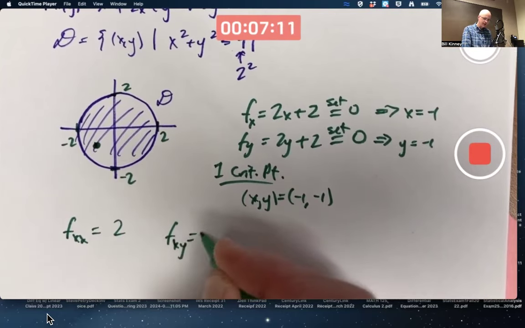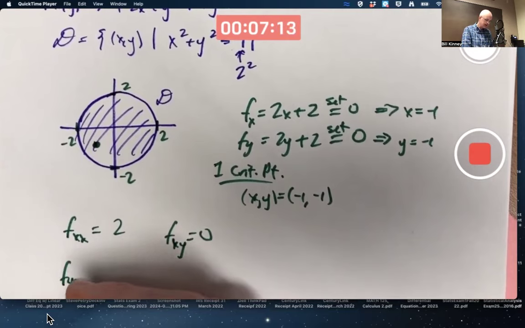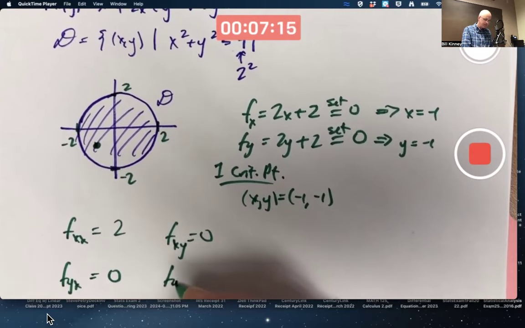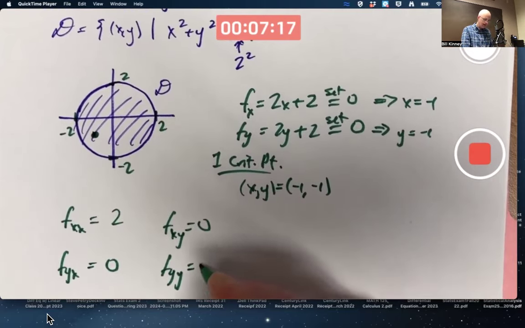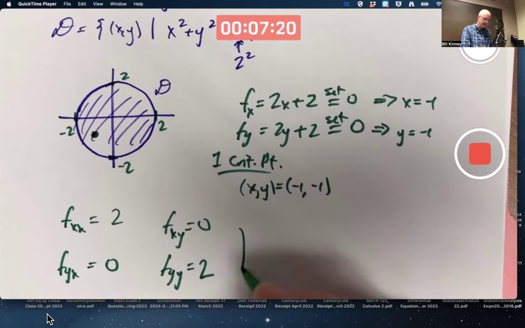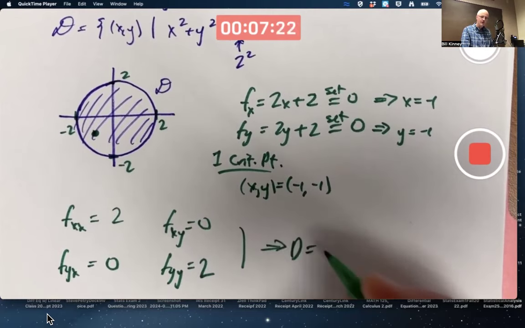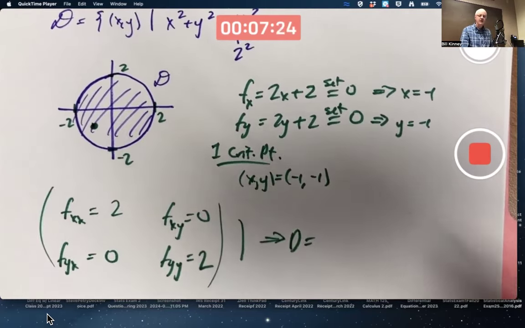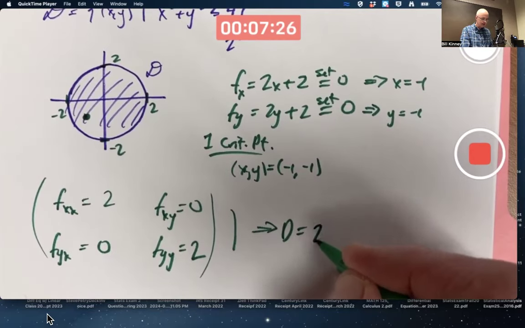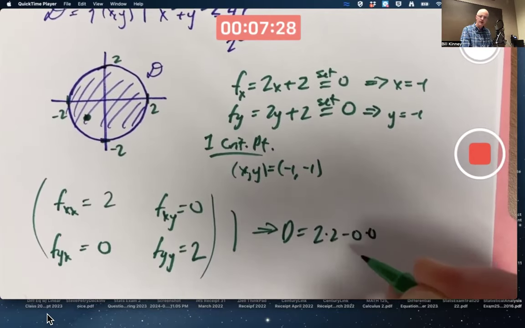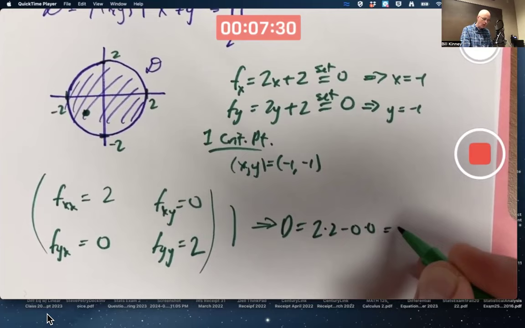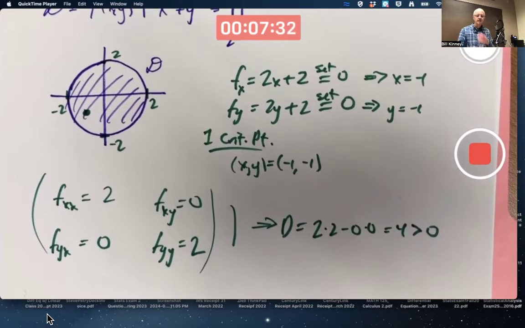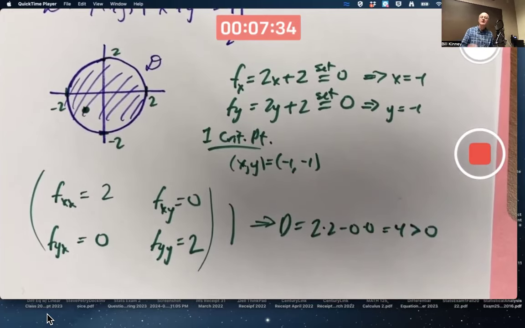The mixed partials both end up being 0 in this case. And the discriminant, which is also the determinant of this matrix, is 2 times 2 minus 0 times 0, a constant, 4, which is positive. It's when it's negative that it's going to be a saddle point. So this is either a max or a min.